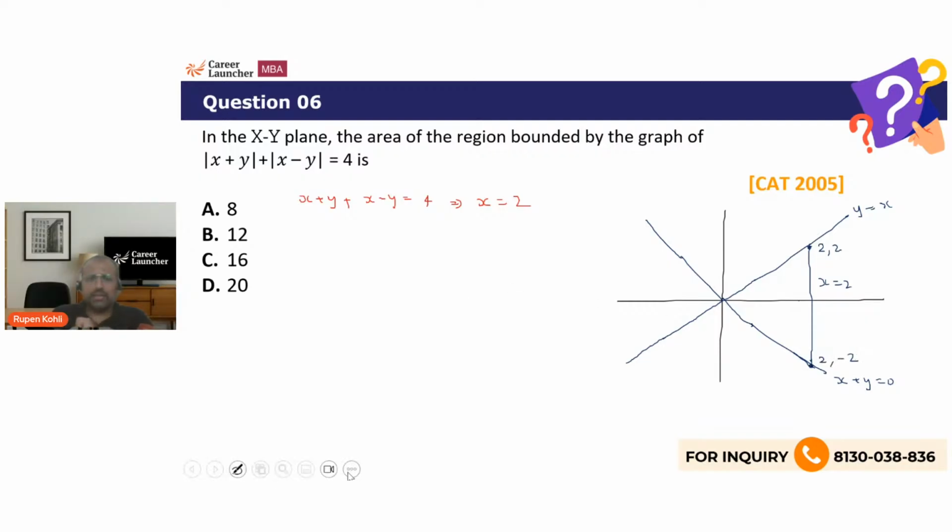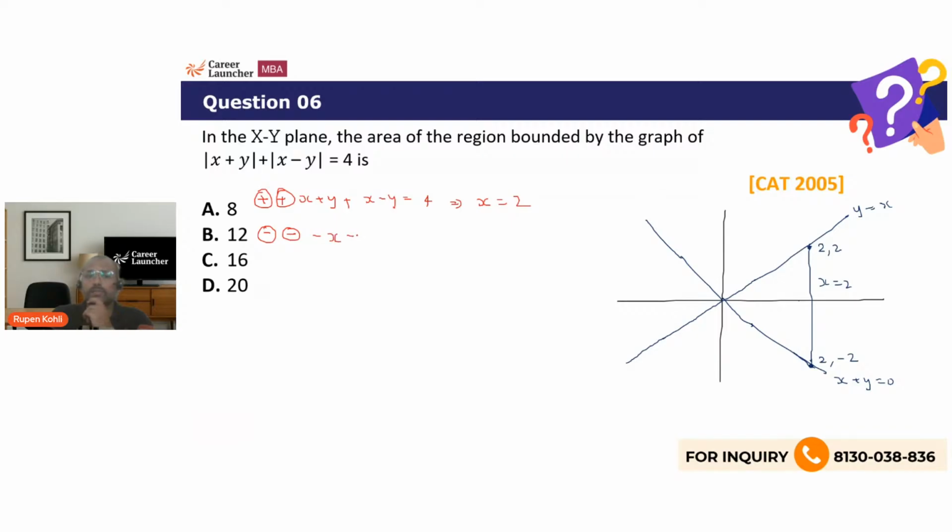And similarly, you keep on opening this as per the different restrictions and open the modulus, right? So when the first term and the second term are both negative, which means x plus y is negative and x minus y is also negative, they open with a minus sign.